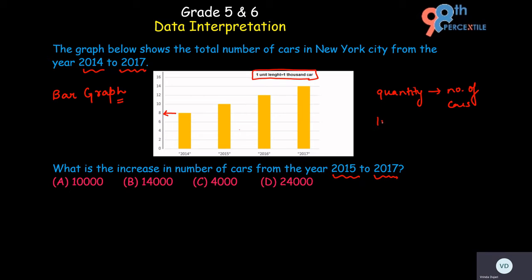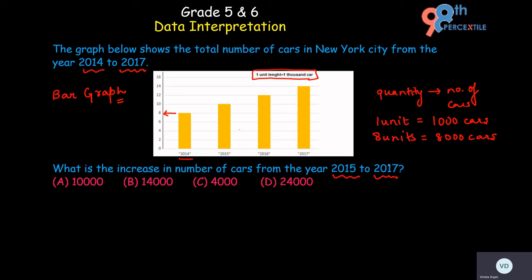So that means 8 units will be equivalent to 8000 cars. So in the year 2014, there were 8000 cars in New York City.